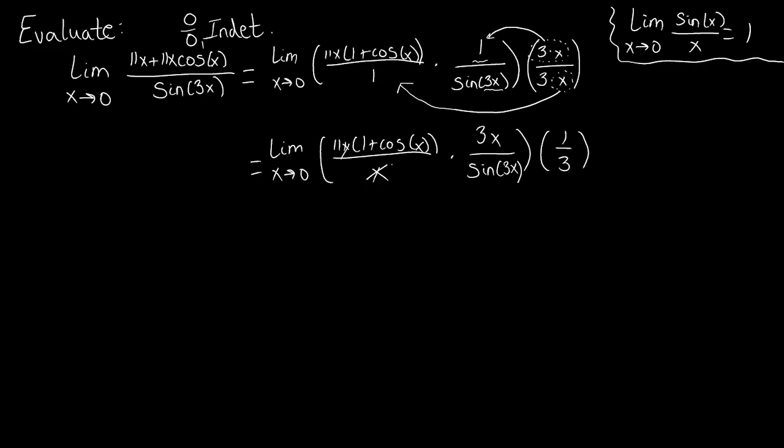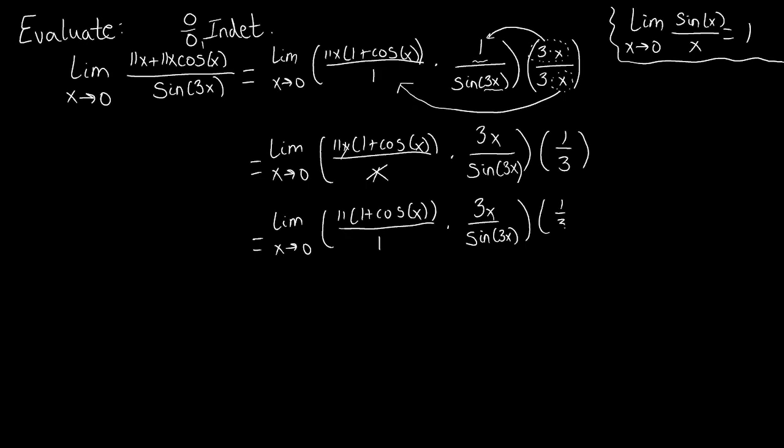After doing that, this multiplication simplifies a little bit and makes it a little bit easier for us to evaluate. So we get this, as we were left with up there, times that, over 1 times 3x over sine of 3x times 1/3. So now once we arrive here, we see that we're taking the limit of a product.